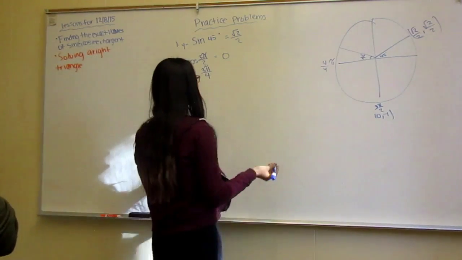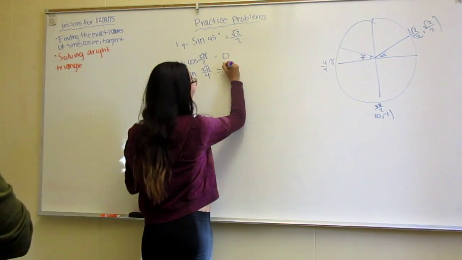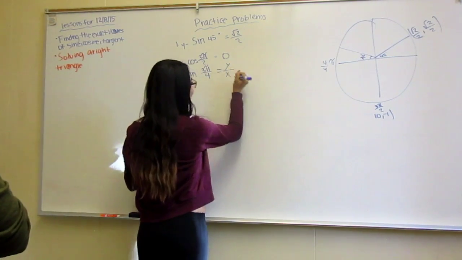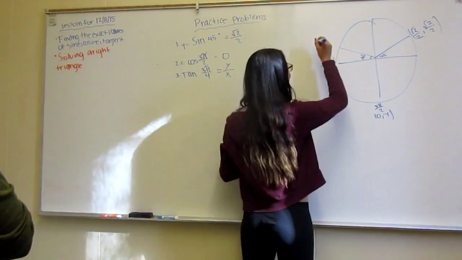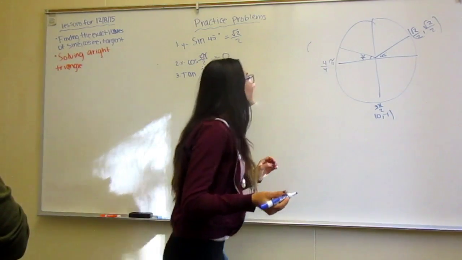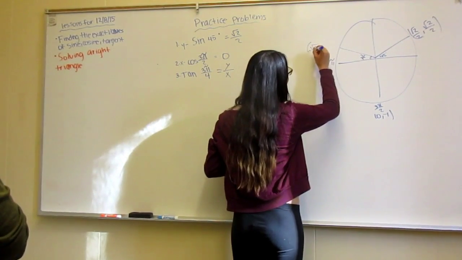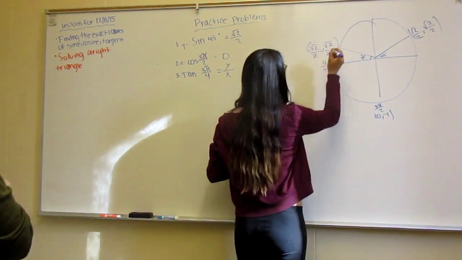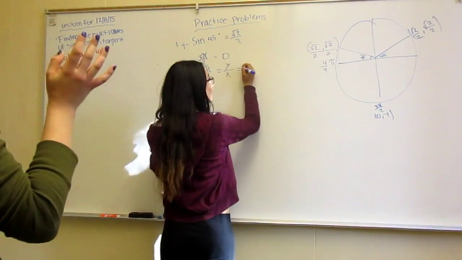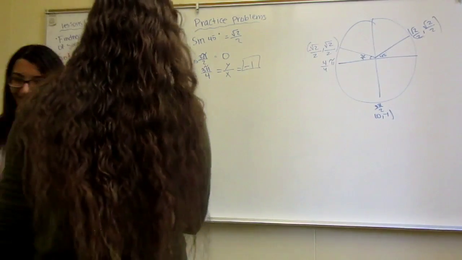Tangent is y over x, so it's basically sine over cosine. What are the coordinates here? Negative square root of 2 over 2 and square root of 2 over 2. So what would be your answer? Negative 1. Very good job.